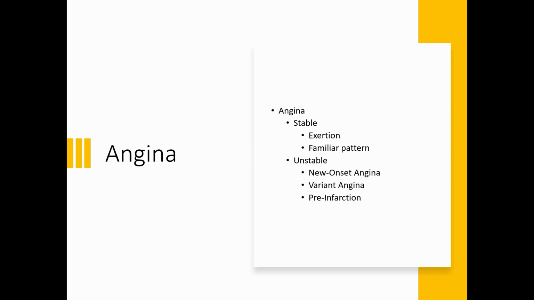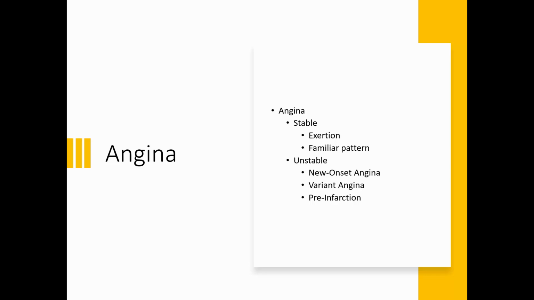It can occur at any time. And it actually severely limits that person's activity. The other thing about unstable angina, nitroglycerin typically does not relieve it. So that's the main differences between your stable versus your unstable.